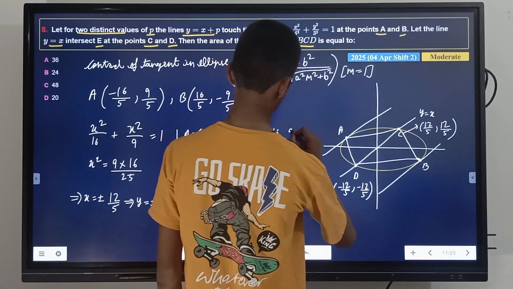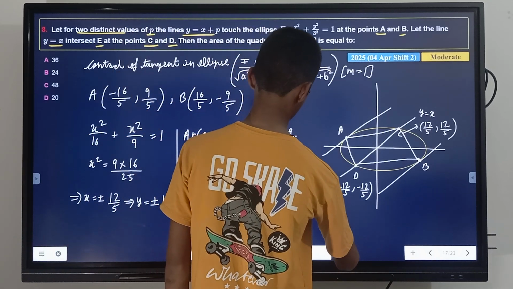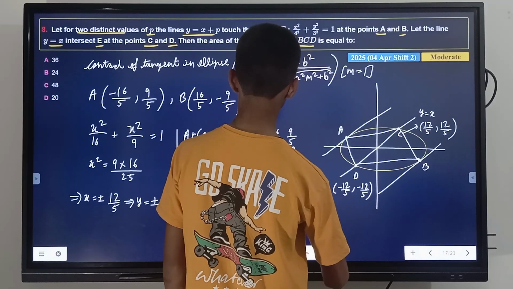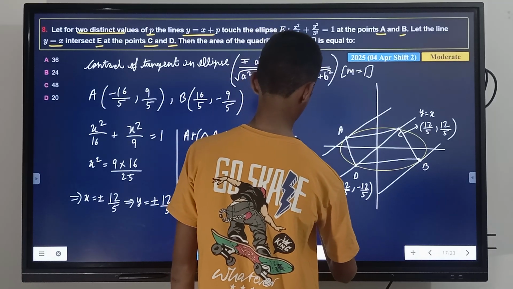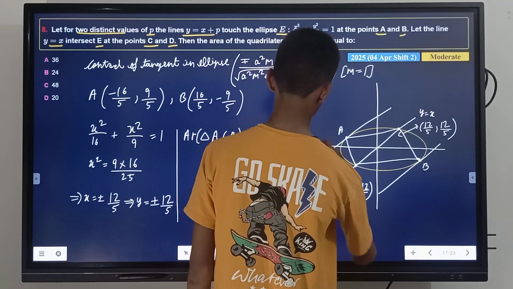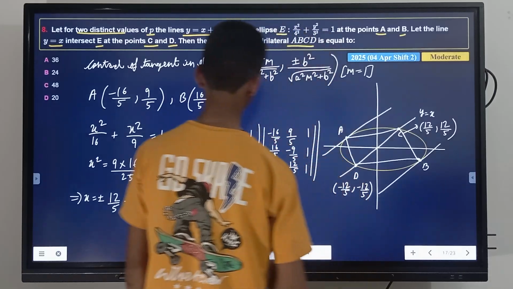And then 9 by 5 minus 9 by 5, 12 by 5, 1, 1, 1, determinant mod.